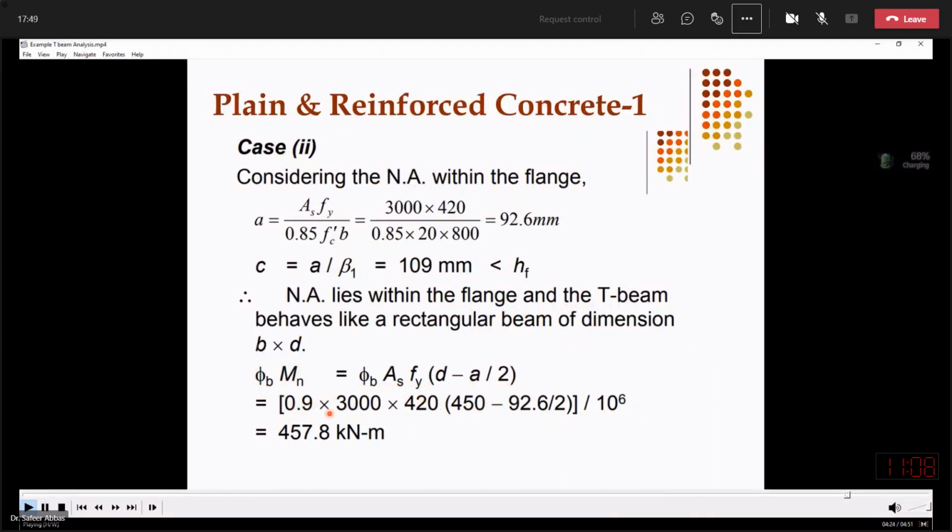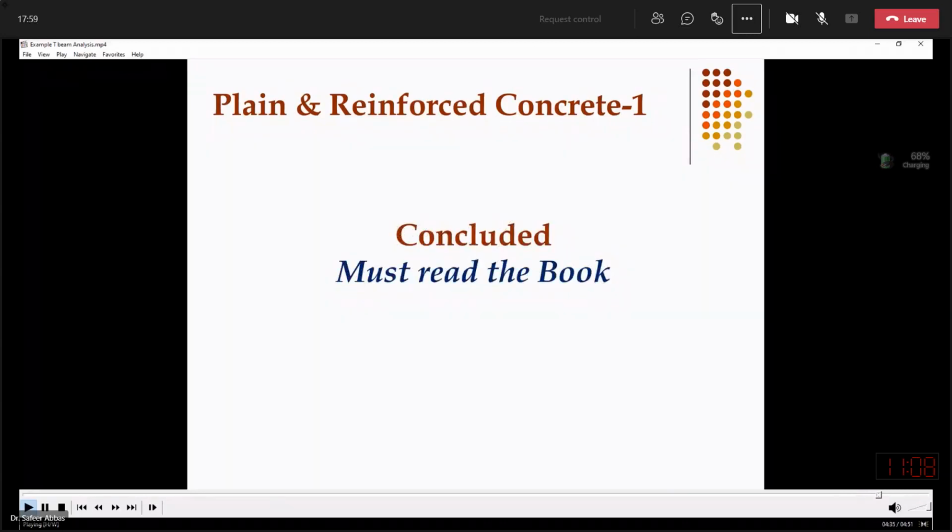If we plug in these values, we will get moment capacity equals 457.8 kilonewton meter. This concludes the example. This example is from Zaid Ahmed Siddiqui's book, chapter number 4, and it is example 4.3. I would highly recommend you go through that example again and read from the book as well.